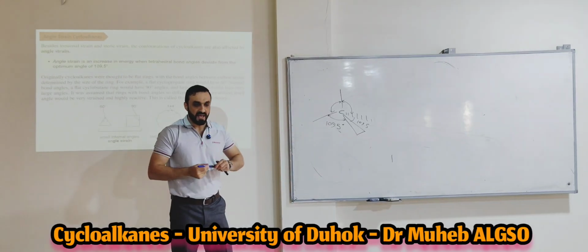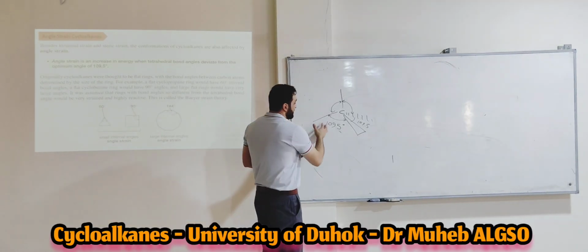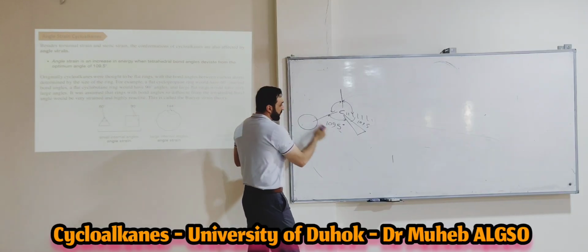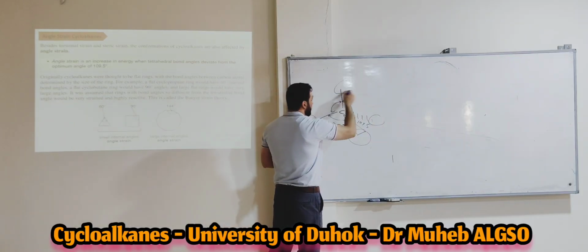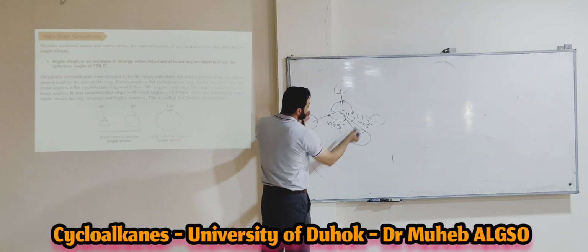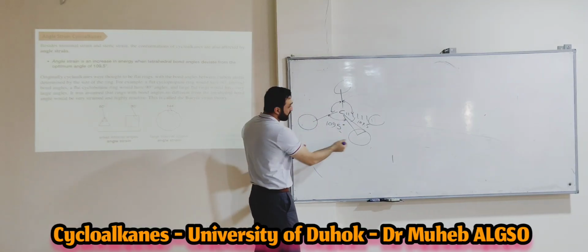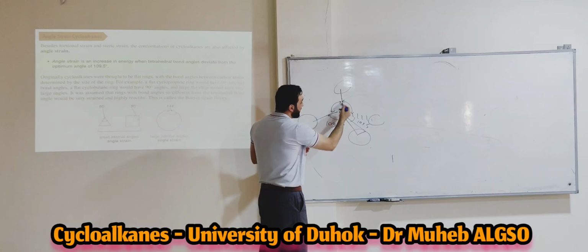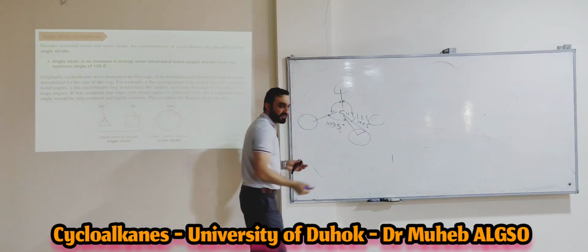Okay. This is the base angle. All the groups are placed in space, and it will be the more stable conformation for the sp3 tetrahedral figure with the angle 109.5 degrees.